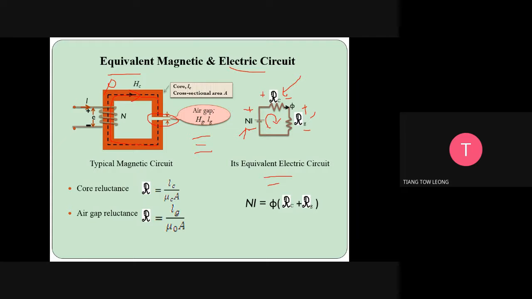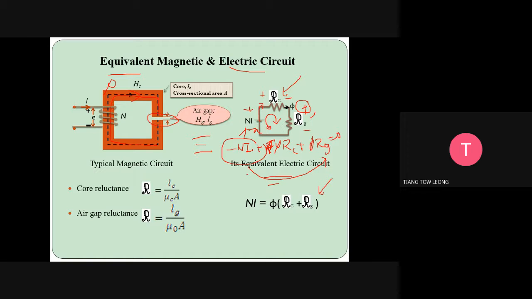So when the default direction goes to negative first, so negative N I, and then it goes to the positive, plus phi R_C, plus again phi R_G. Okay, it becomes 0 because there is nothing more. Then we move this one to the other side, it becomes like this.